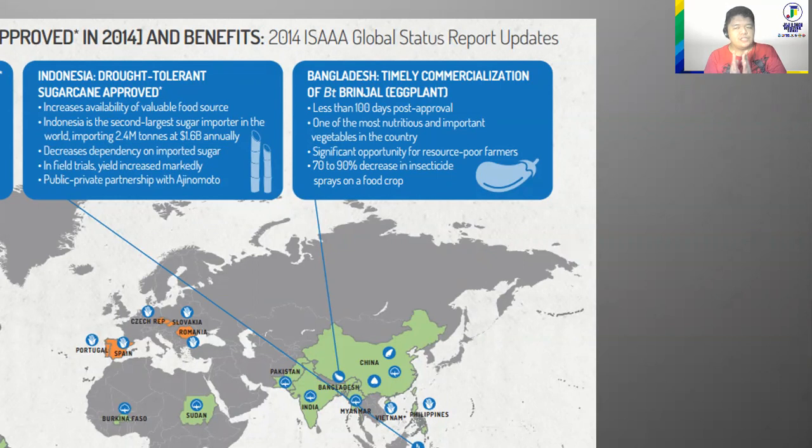This was one of the significantly important crops in Bangladesh, because of their cuisine, and more importantly, their applications in various countries where eggplants, or what we call here in the Philippines, talong, are significant. This is again one of the most nutritious and important vegetables.